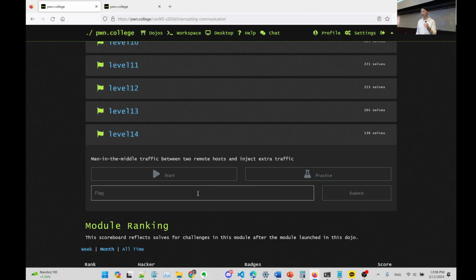So that is the basic concept of TCP connections. So in level 14, you have to figure out what the sequence number is between the two parties.